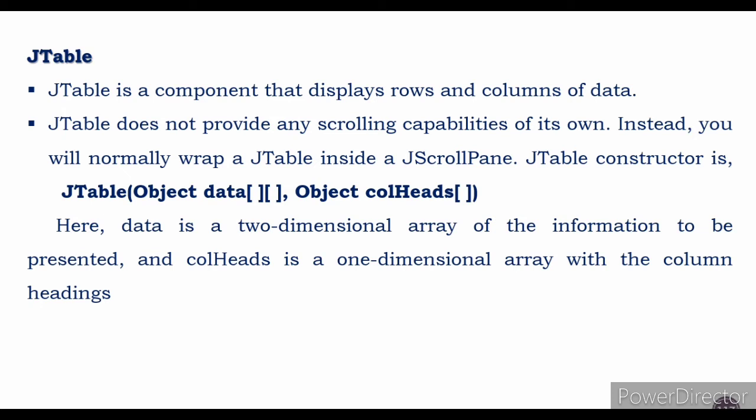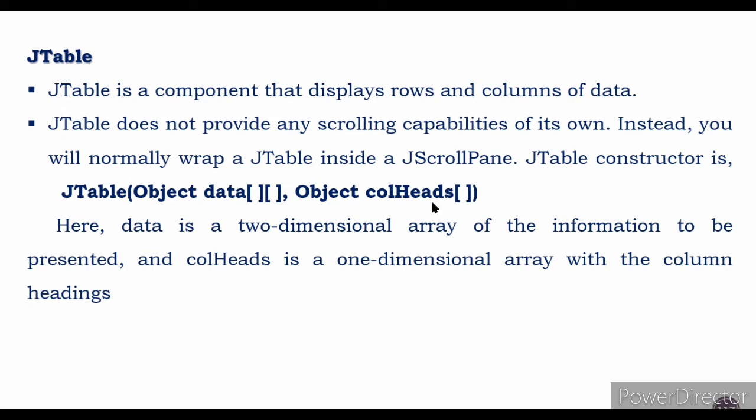It is very easy to add items into a JTable. It dynamically increases the vertical and horizontal scroll bars as the table size becomes bigger. The JScrollPane will help us do that. The JTable constructor takes two arguments, object data and object column heads.